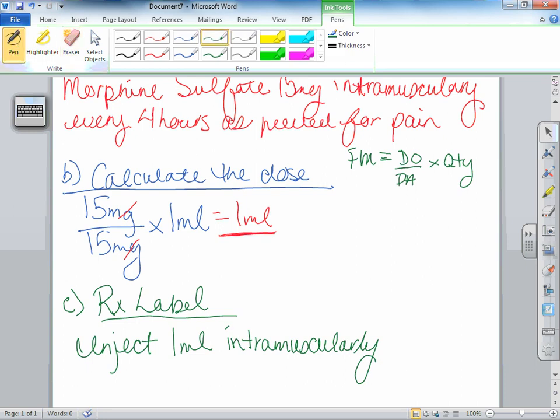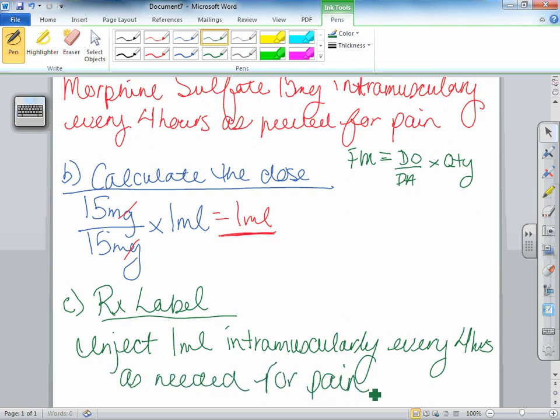All right, inject 1 milliliter intramuscular every 4 hours as needed for pain. That is what your prescription label will read to the patient. Inject 1 milliliter intramuscular every 4 hours as needed for pain.